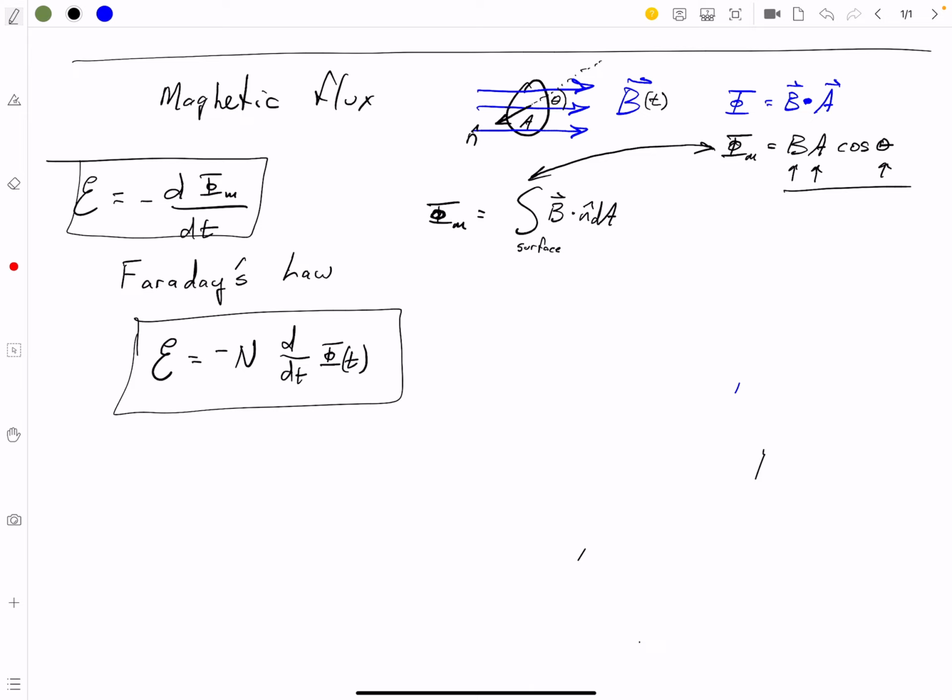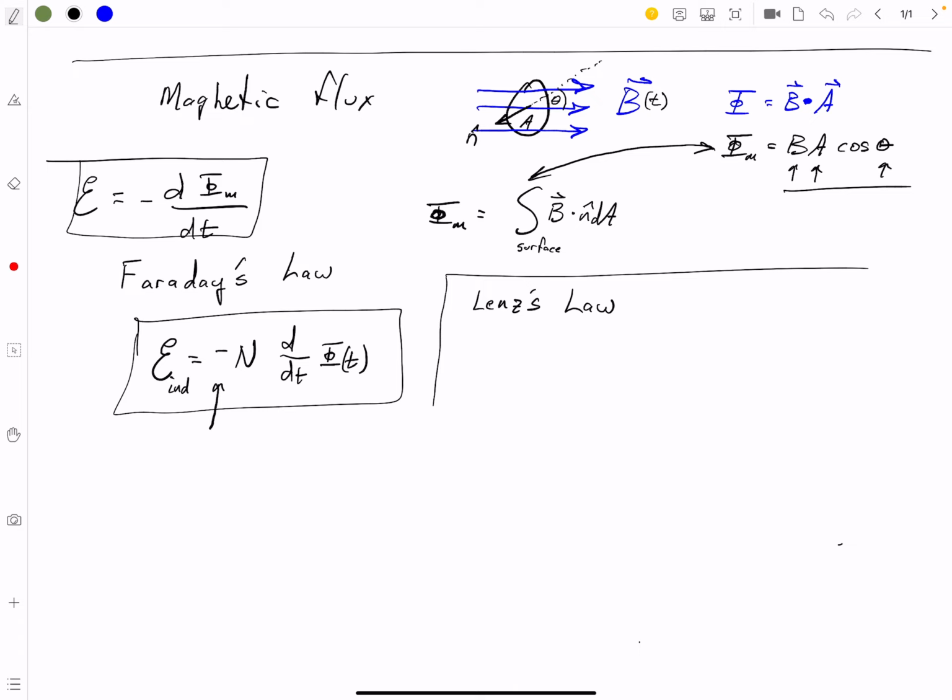Okay, so this leads us to Lenz's law. What is Lenz's law? What are we getting from Faraday? We're getting an induced EMF.